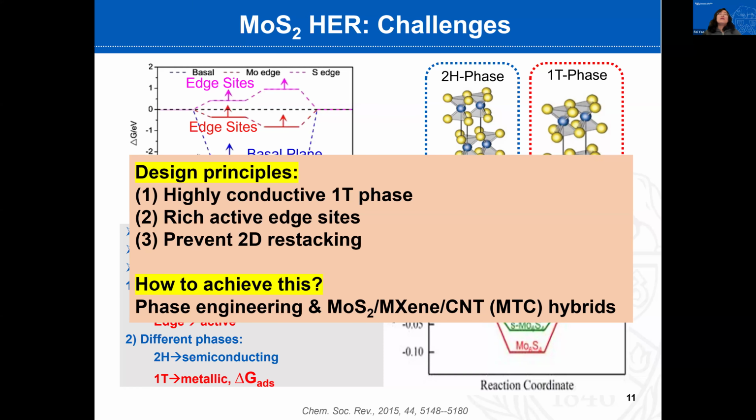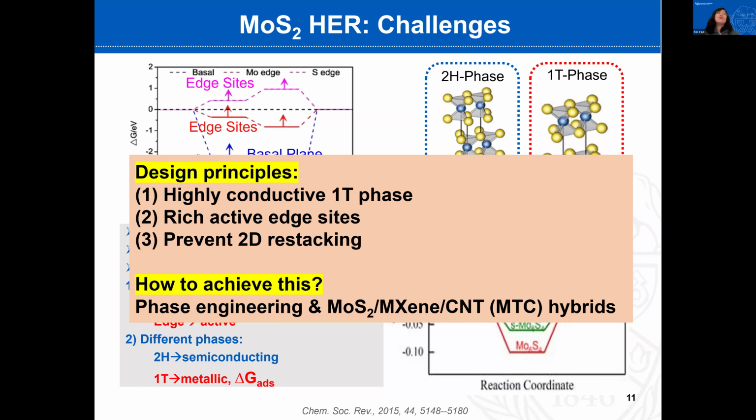So overall, the design principle for using MoS2 as a catalyst is that we want to have a highly conductive 1T phase as much as possible, and we want to introduce a lot of rich active edge sites. Of course, we have to consider the restacking issue and how we can prevent the 2D restacking.